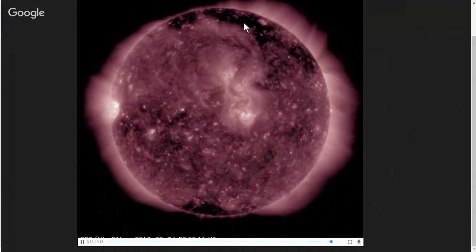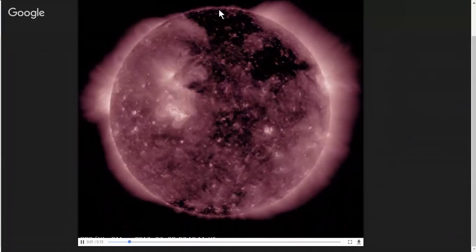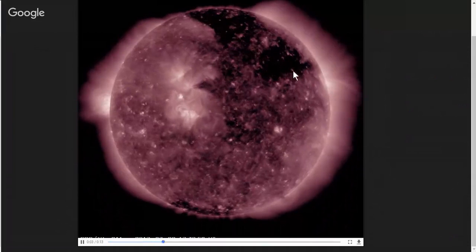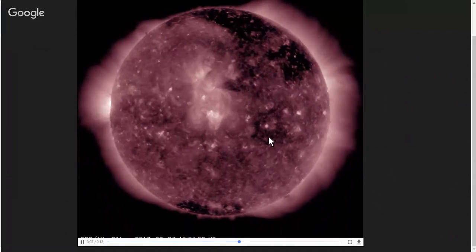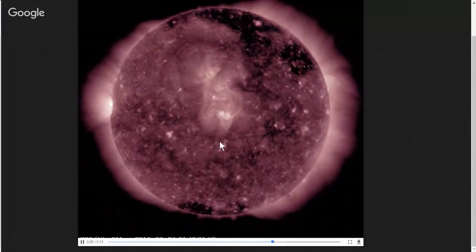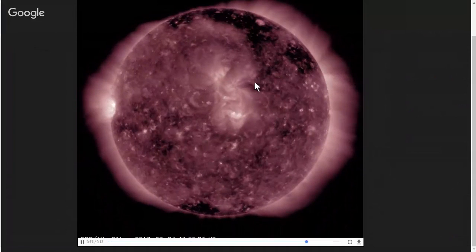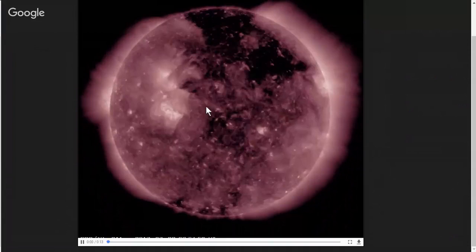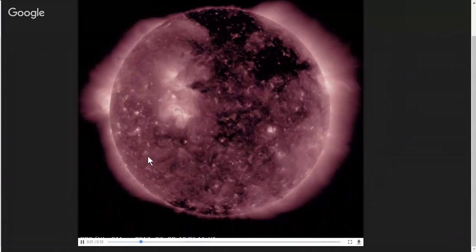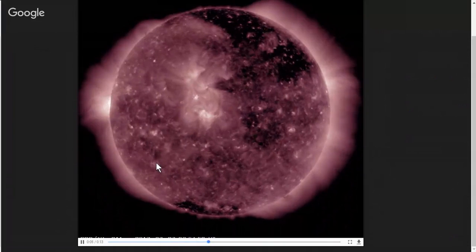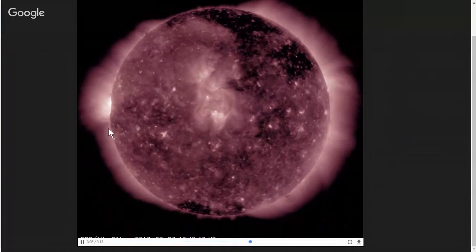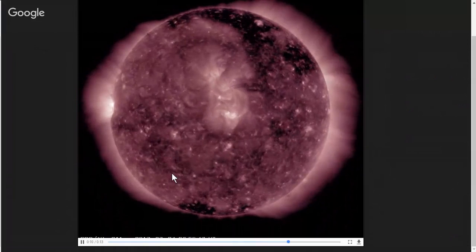Very large coronal hole on the top surface of the sun, and this coronal hole over here, all of this is now moving away from the Earth. And a very interesting, very active region, dead center right here. It does look like there is an opening starting to form. Watch it very carefully. Yes, starting to open up.